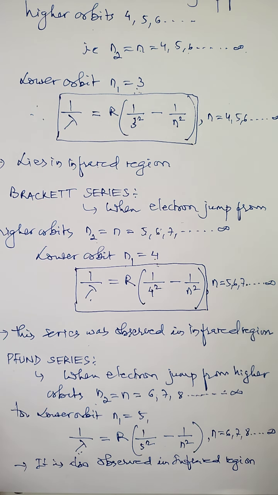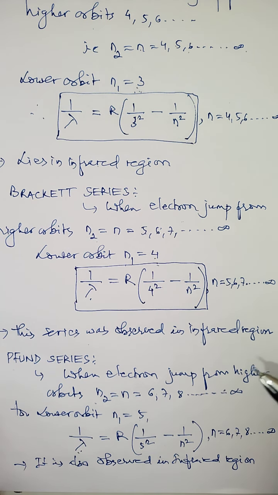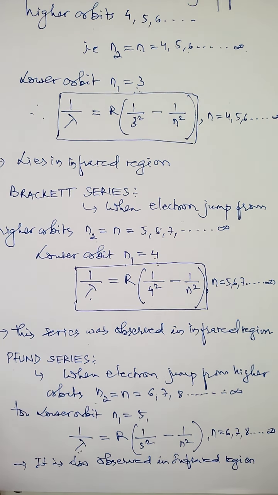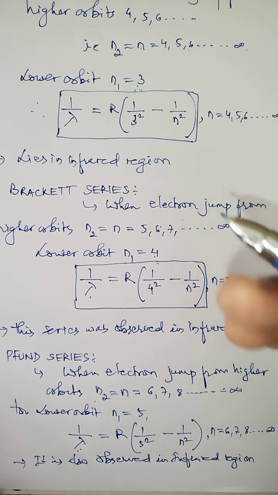Whereas the Balmer series we saw was obtained in the visible region, and the Lyman series is the only series obtained in the ultraviolet region. So these are the series of the hydrogen spectrum which were observed by different scientists.